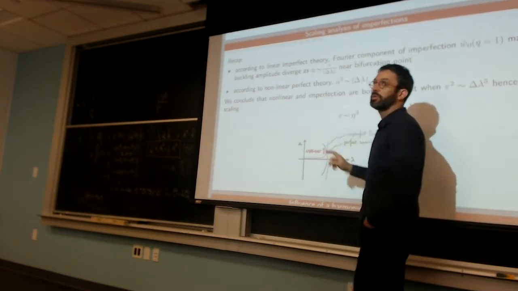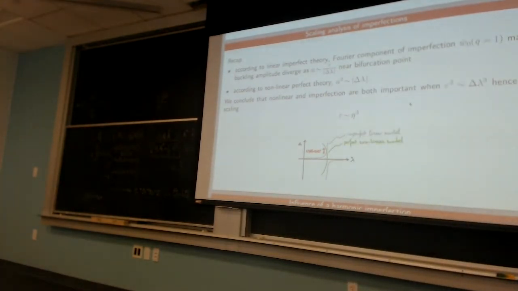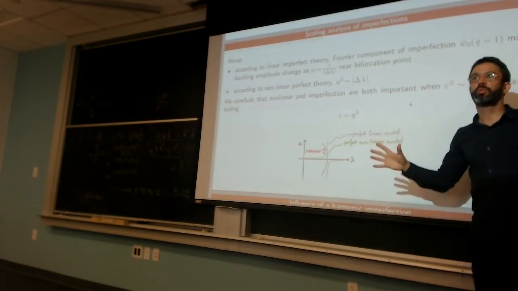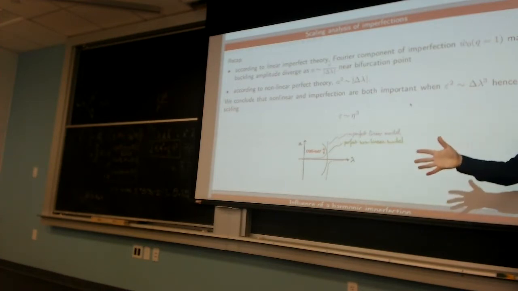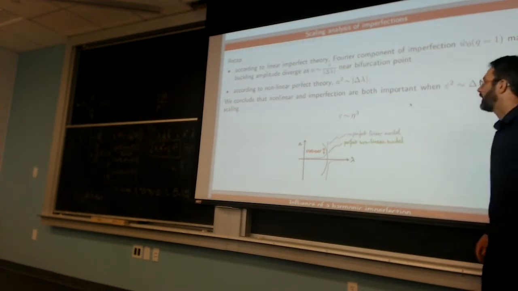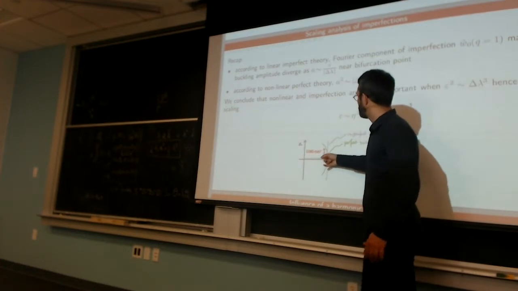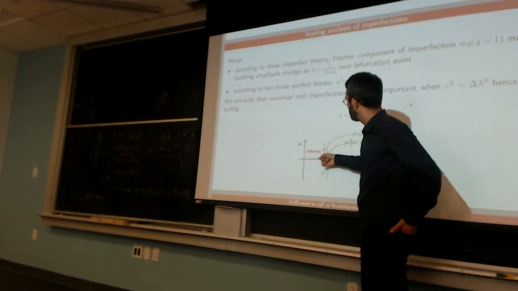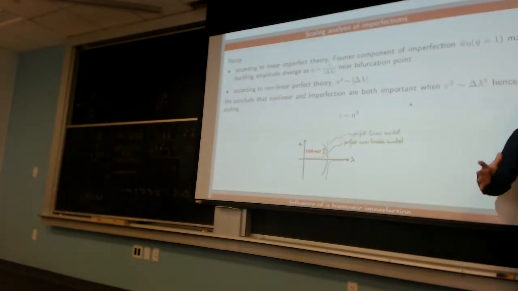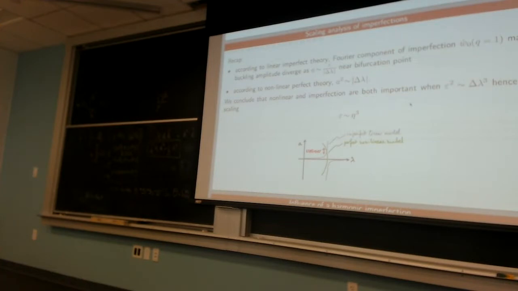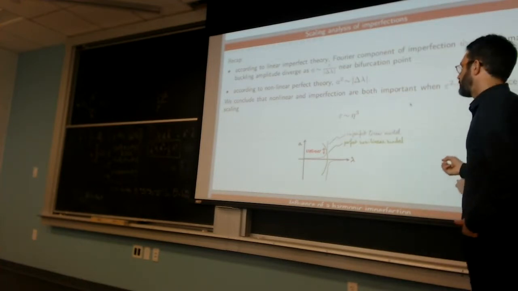And I don't know if you remember back what we did in the first lecture. We are in a very similar situation where we have two types of approximation, one that ignores the nonlinearity, the other one that ignores the imperfection. And so they are mutually exclusive, if you want. And now we're interested in finding a theory that describes some kind of overlap. And that's what we will be doing next.